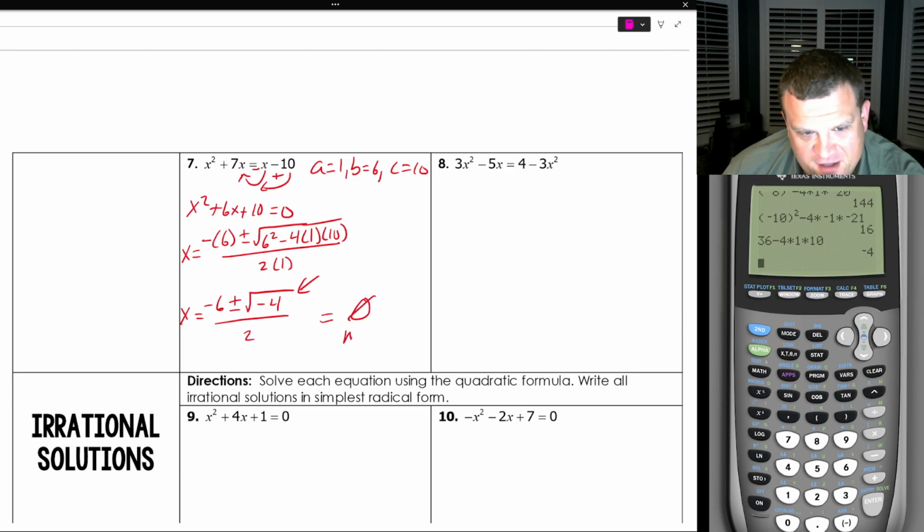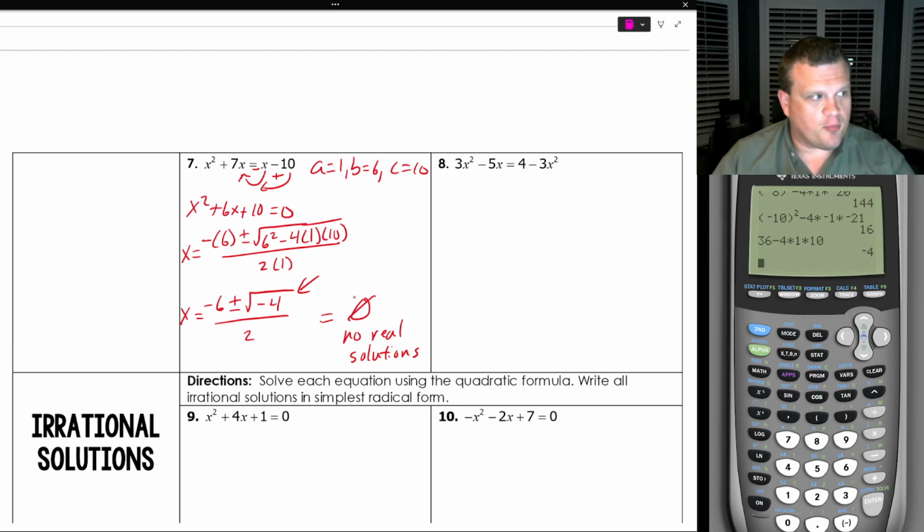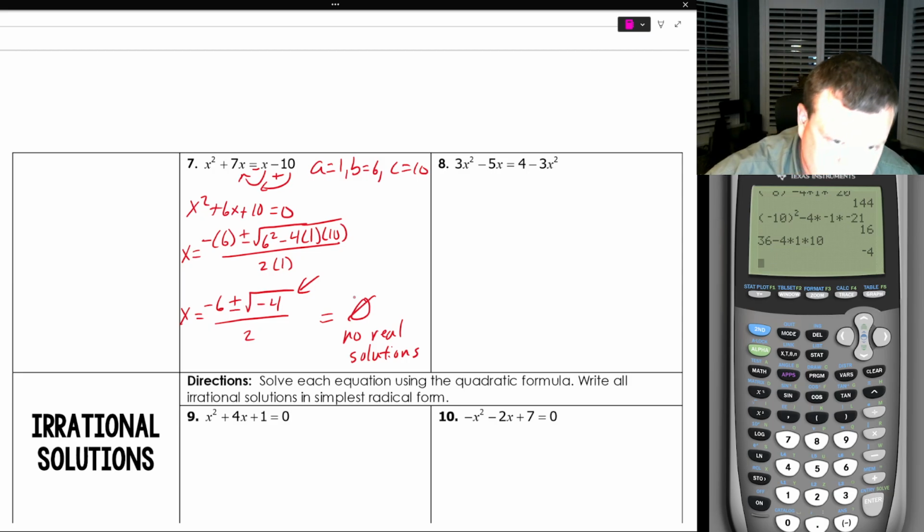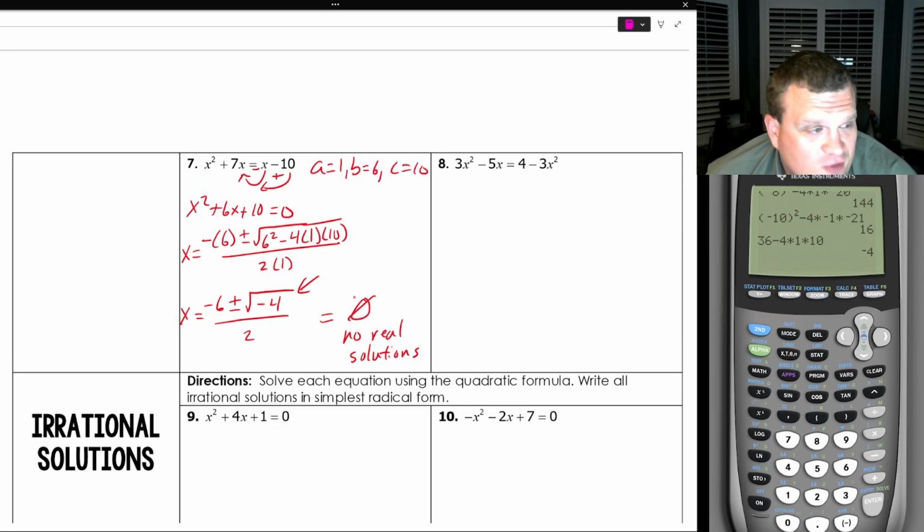In reality, there are no real solutions, but saying no solution is appropriate at this level. We can't take the square root of that negative number. It doesn't work.